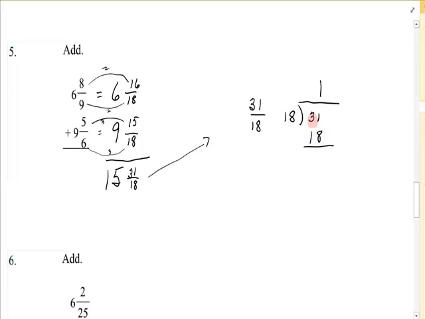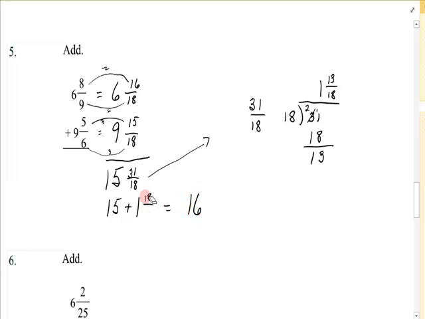For 18, subtract, I get a 3 and I get a 1. I get 1 and 13 18ths. So back, this is 15 plus 1 and 13 18ths. So it is 16. Whoops.